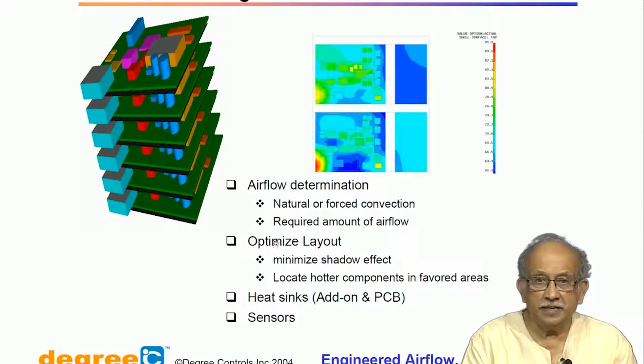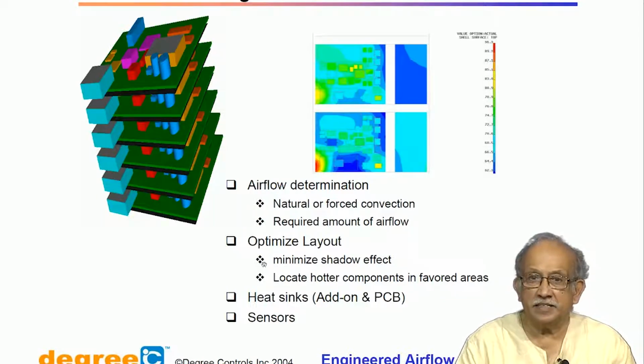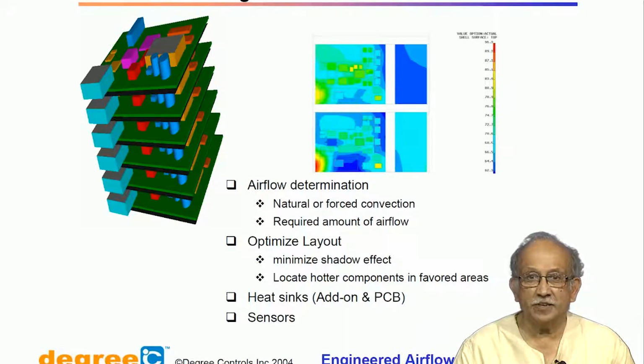which will come to a very important issue, that is about optimizing the layout. It looks like even before you attempt any analysis, a preliminary layout is needed, and sometimes it is counterintuitive.